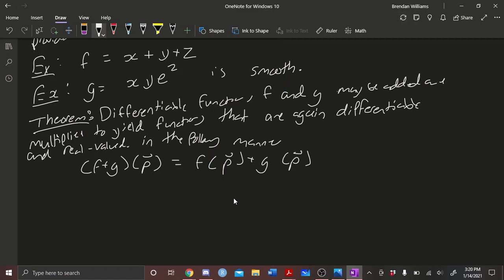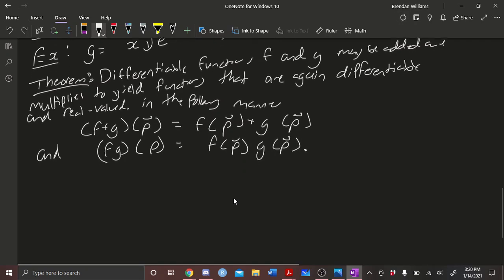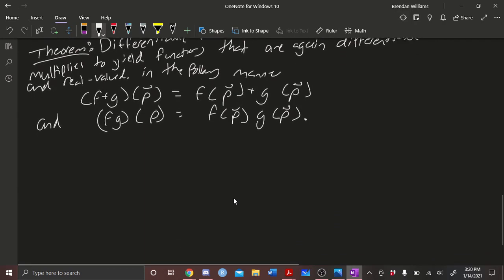I already wrote that. And fg of p is equal to f of p, g of p. Okay. And the idea is that they're both differentiable.